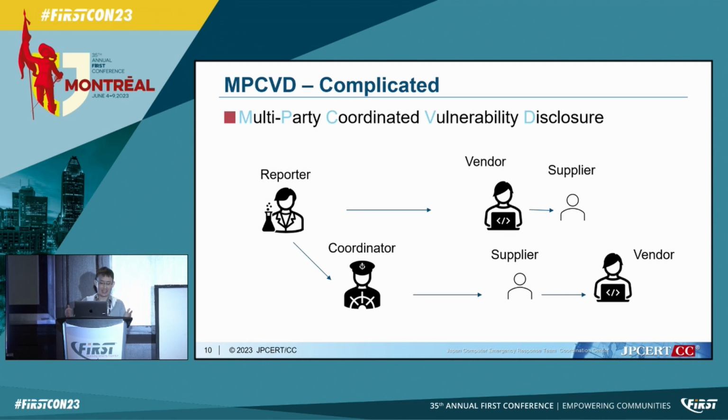And as things are becoming more transparent in the software supply chain, we are starting to realize that for many cases, even if it looks like a single vendor CVD case, it's actually an MPCVD case where these hidden relationships are involved, and many stakeholders are getting involved. So what I want you to know here is that in CVD and MPCVD, in many cases things are actually very complicated.